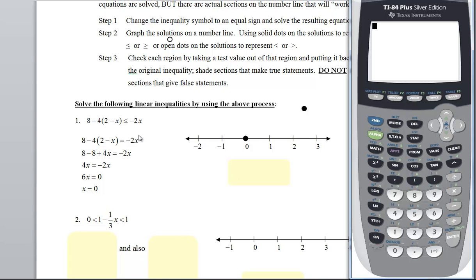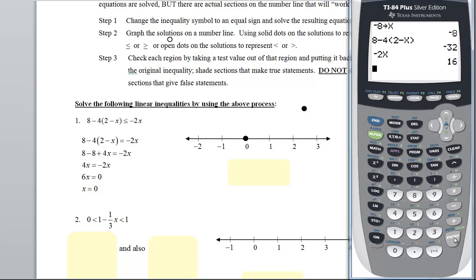So I need a number on this side. Whether you see it or not, I'm going to put in, say, negative 8. So let me store negative 8 into my calculator. I'm going to type in the left-hand side and get an answer, and then type in the right-hand side and get an answer.